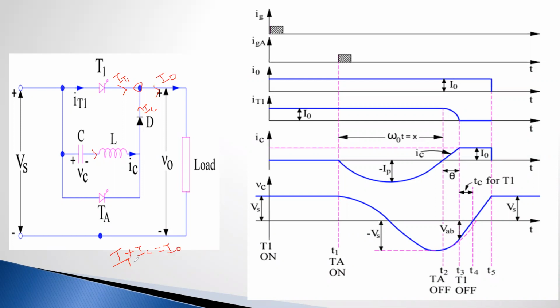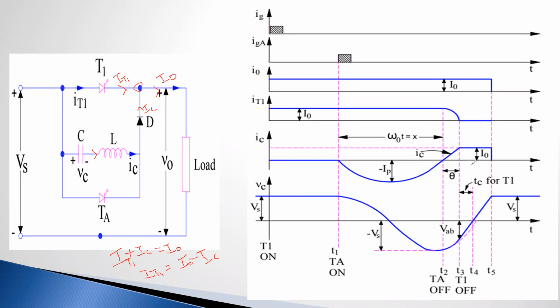Then IT1 is equal to I0 minus IC. Clear? At this point, apply the KCL, then IT1 is equal to I0 minus IC.